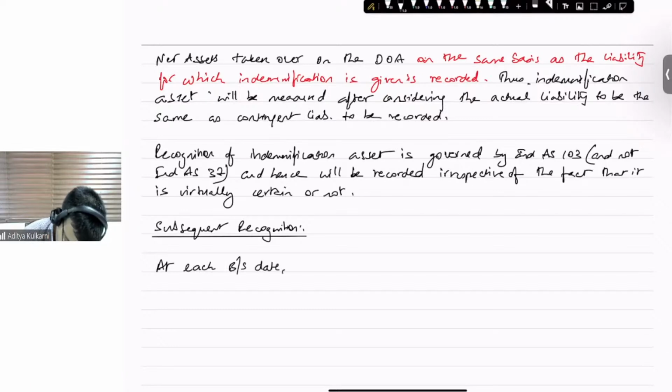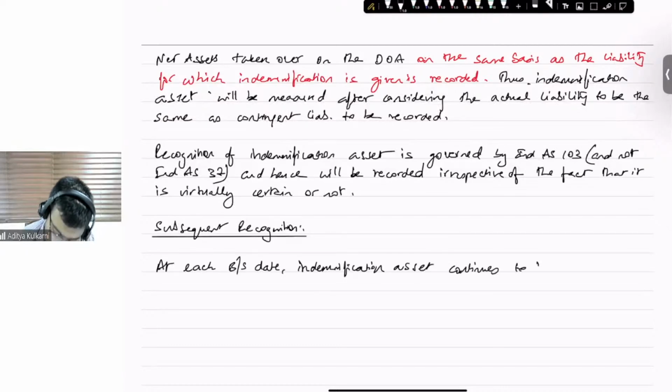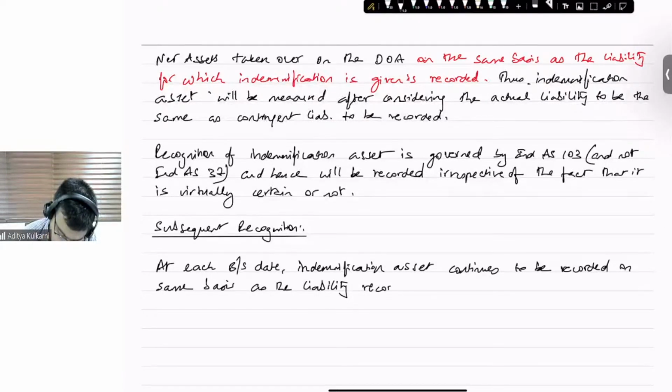Subsequent recognition: at each balance sheet date, the indemnification asset continues to be recorded on the same basis as the liability recorded on that date.